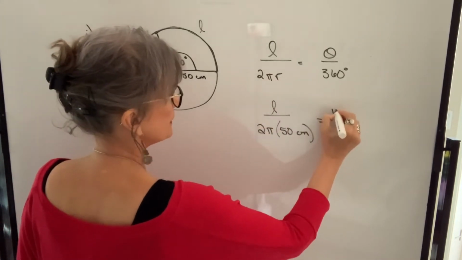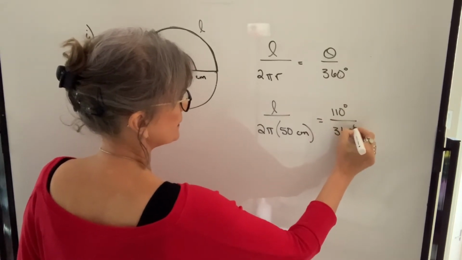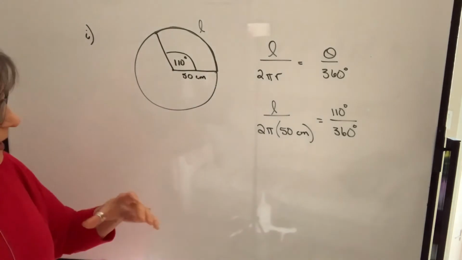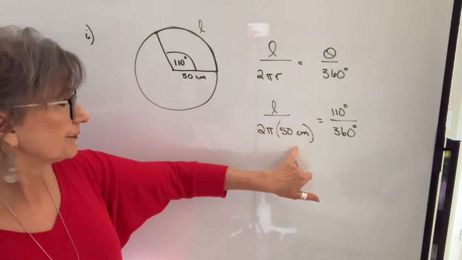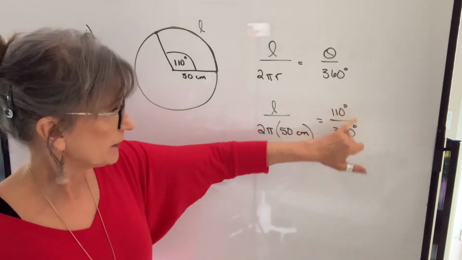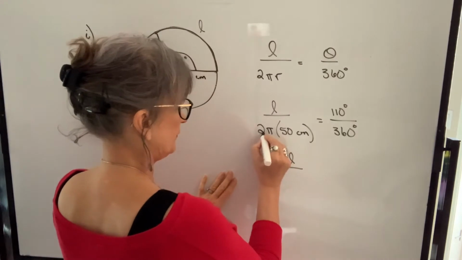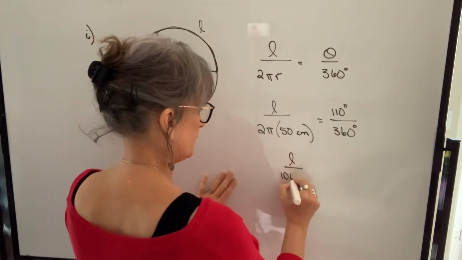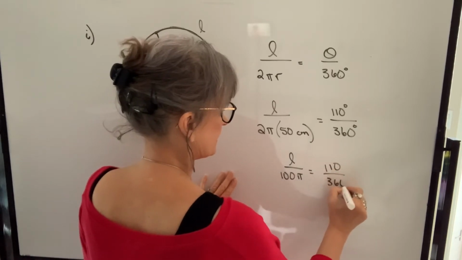The angle is 110 degrees and a complete rotation is 360 degrees. I'm going to drop units, understanding that this length will also be in centimeters, and since both angles are in degrees, I'm going to drop those. So L over 2 times 50, which is 100, times pi will equal 110 over 360.